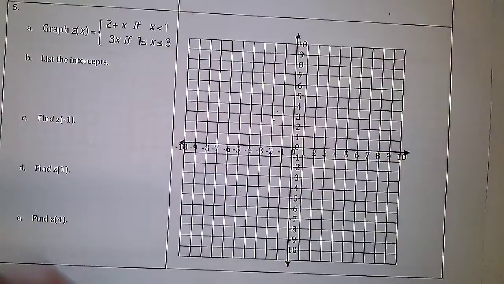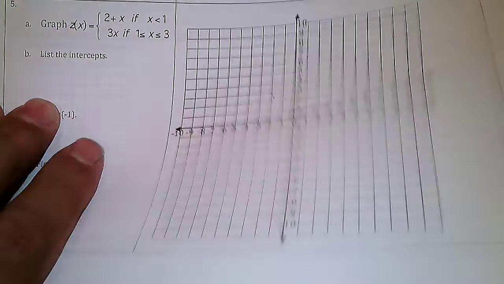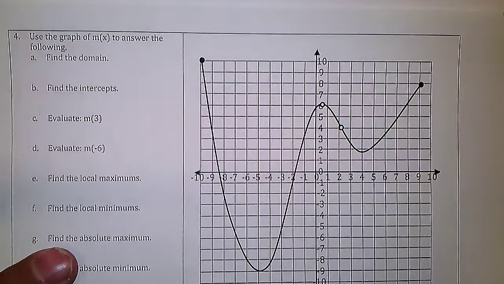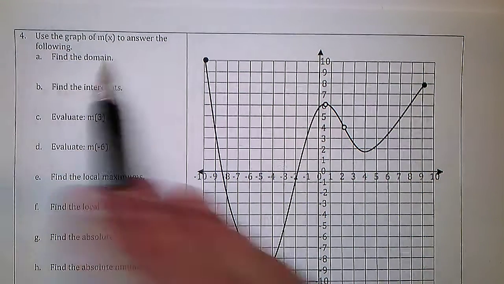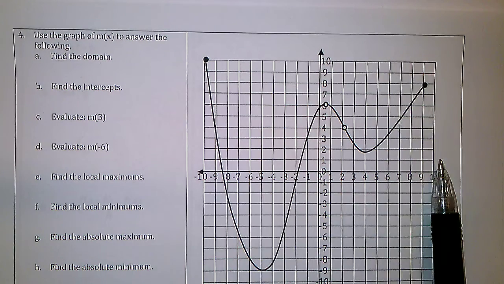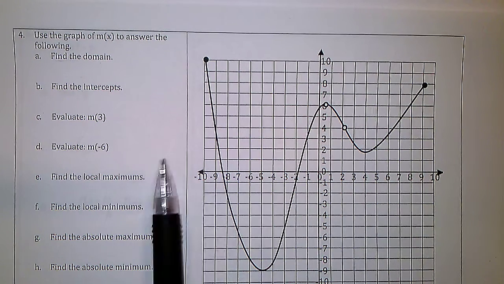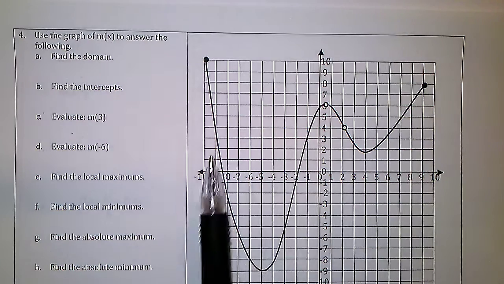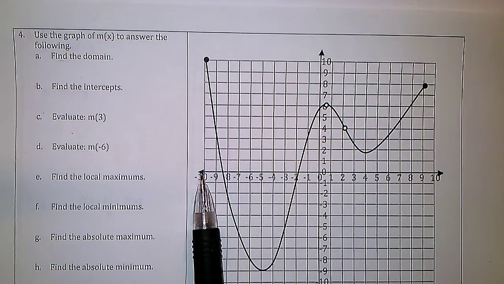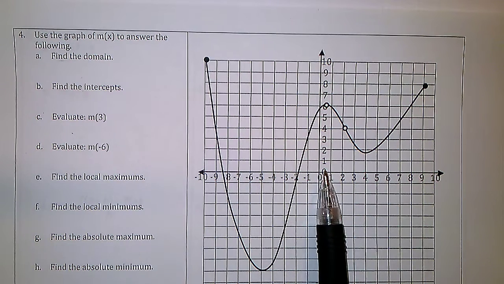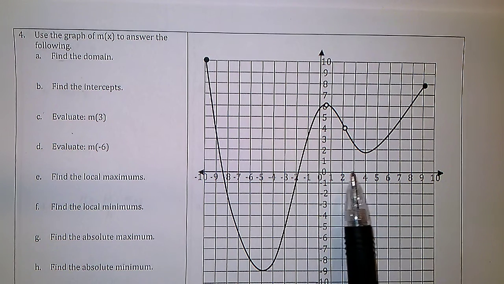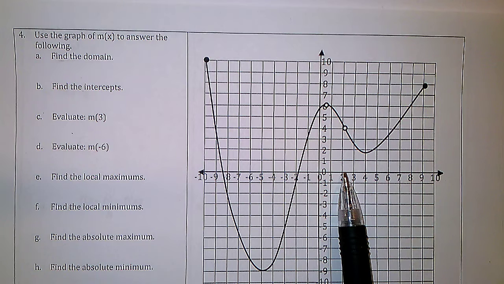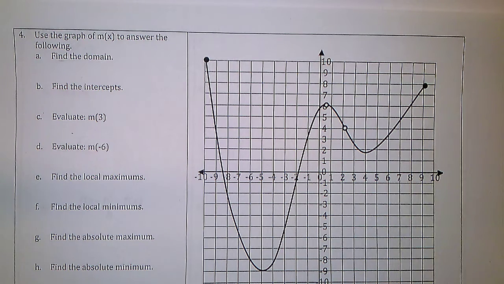Okay, that's page 1. That was pretty easy. Page 2. Find the domain for this. Well, it looks like domain is the x's, and it looks like it starts at -10 in the x, and is missing 1/2, and is missing about 2.2, and then goes up to 9.